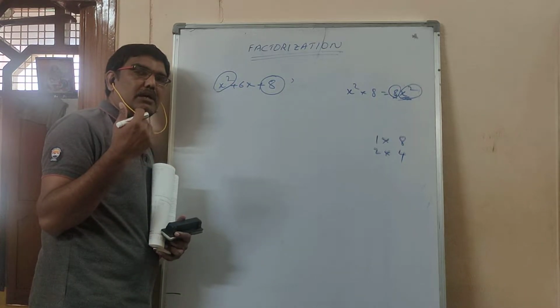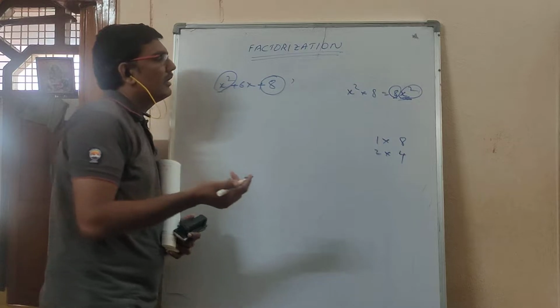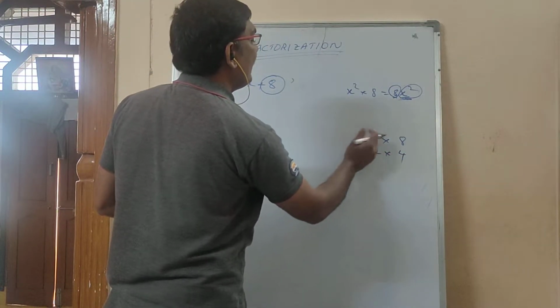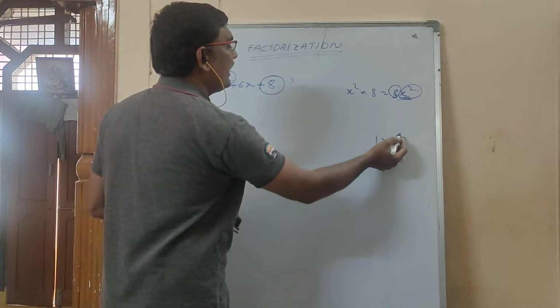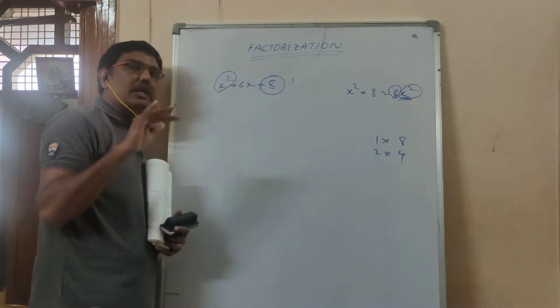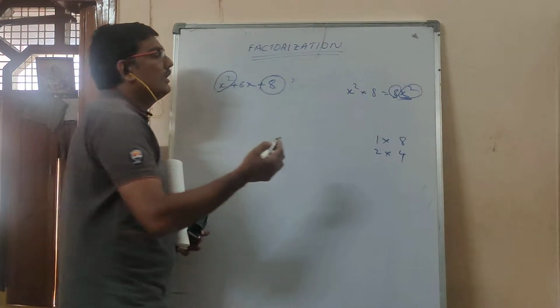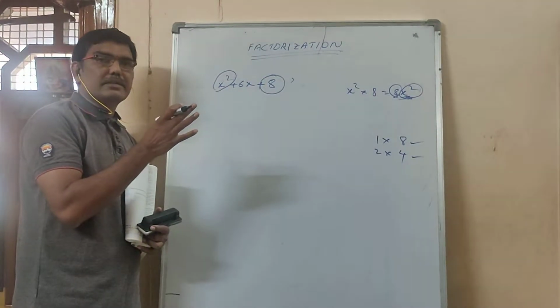From tables from 1 to infinity, in any table. Okay, 4 2s and 2 4s are both the same. 1 8s are 8 and 8 1s are both the same. So here 1, 2, 4, 8. In those tables only 8 will come. In the remaining tables 8 won't come. So here 1 into 8, 2 into 4. You can split like that only.